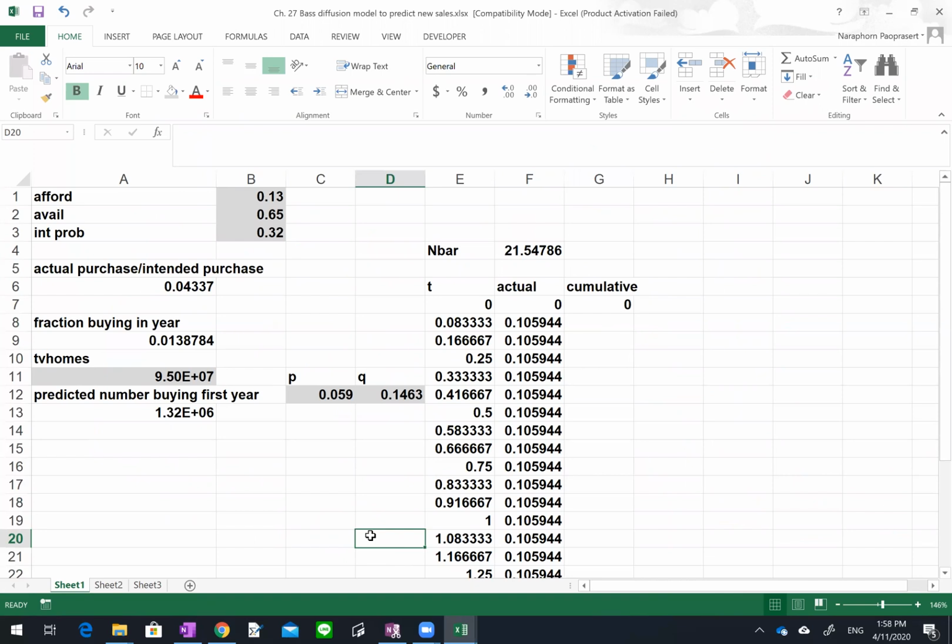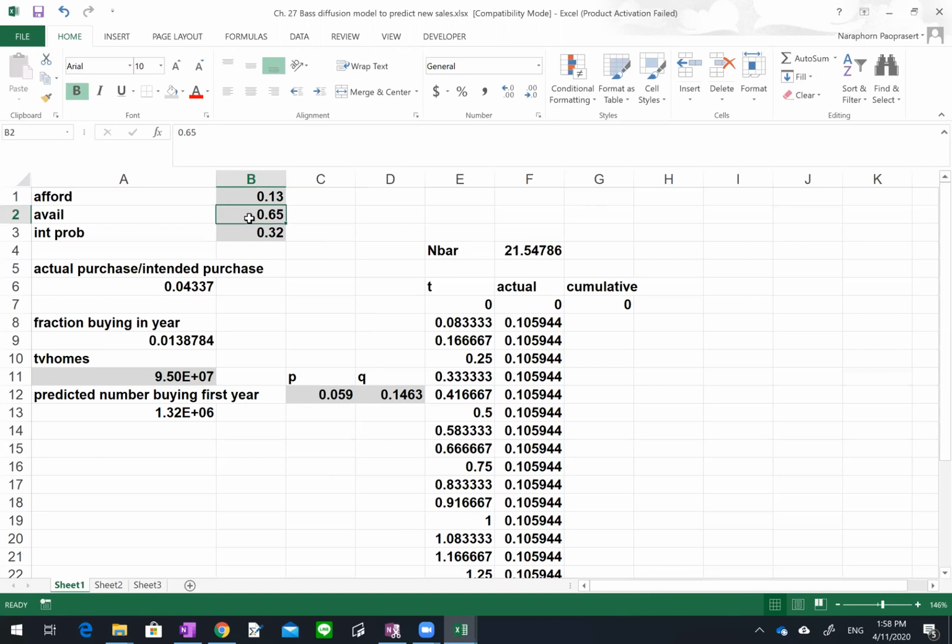In this sheet, the first thing I want to mention is that the gray area contains the values that we already know, the ones that we already input. So for example, we know that 13% of the customers can afford the product DirecTV.